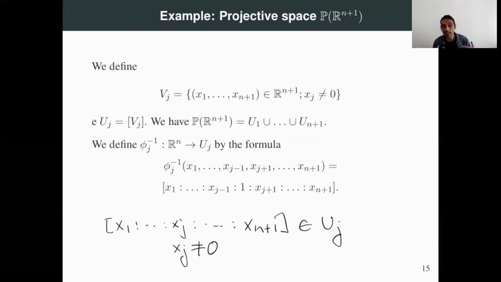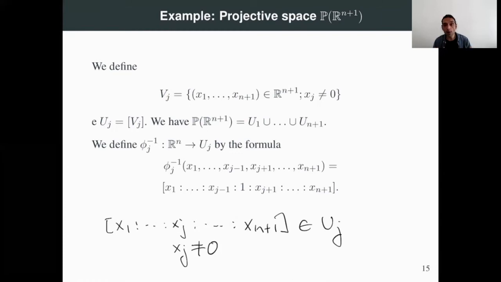But something interesting is that in every class that belongs to U_j, there is always a representative whose j coordinate is 1. Because what you can do is divide by x sub j. And since the inverse of x sub j is a real number different than 0, of course, what you get is another representative.